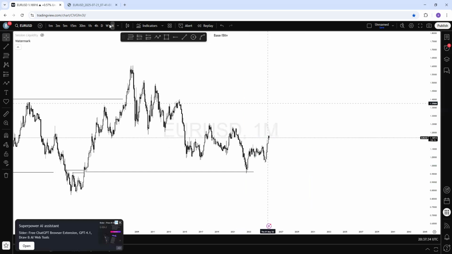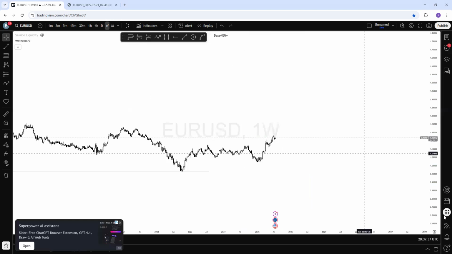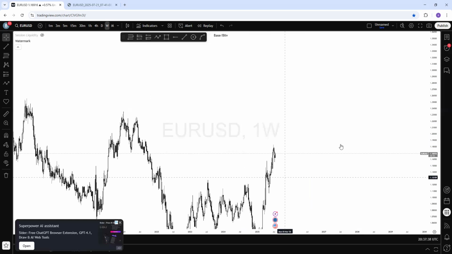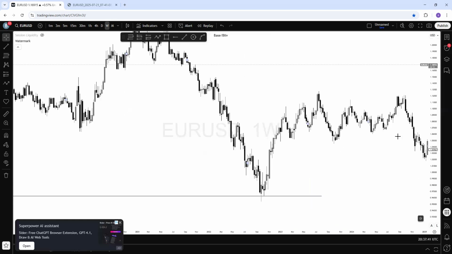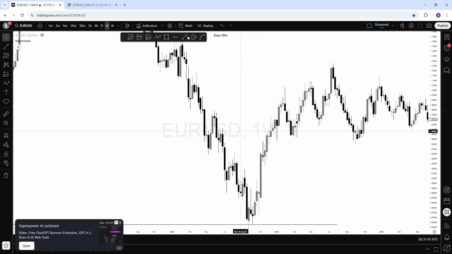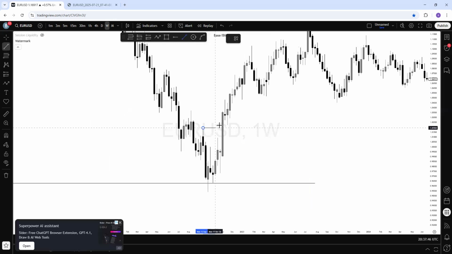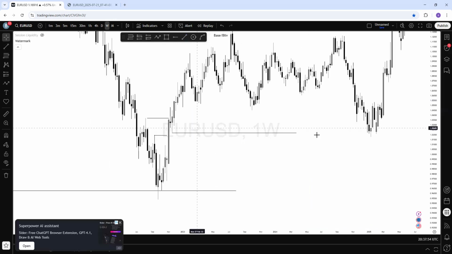Now let's go to our weekly time frame. There is no big deal on the weekly, just confirmation. Market broke structure 1 again, same thing that happened on the monthly, then structure 2. This is the first pullback after the break of structure.